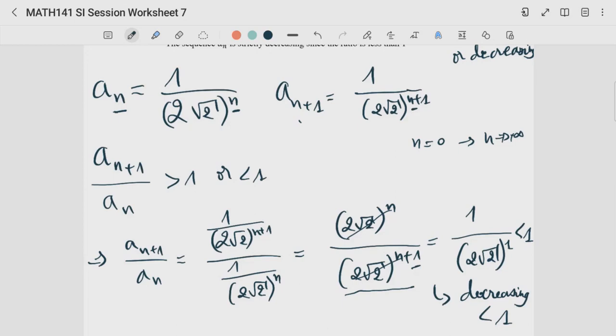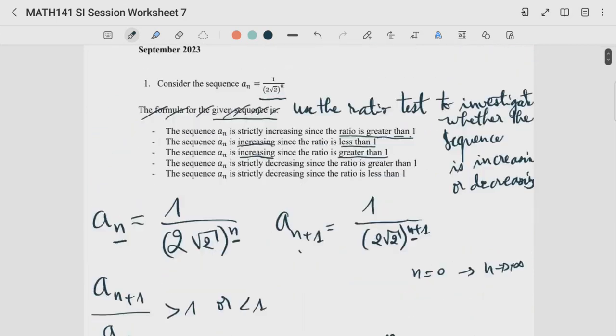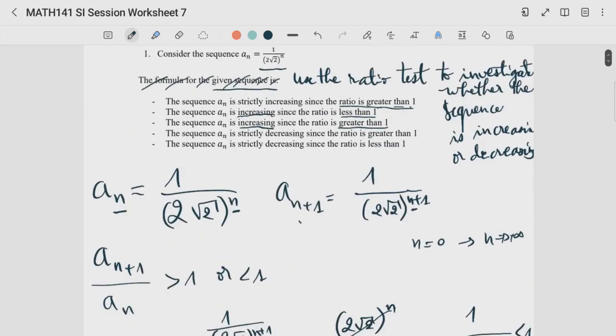So as you increase the value of n, you decrease the overall value of a of n, which means that the sequence is strictly decreasing and will never increase at any point, because n is just increasing, right?